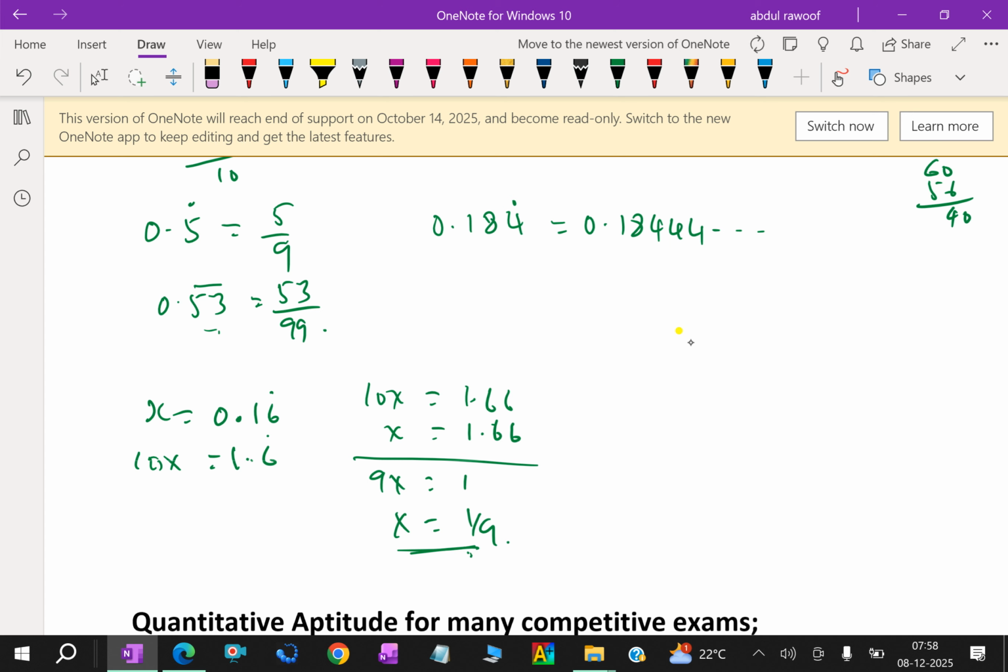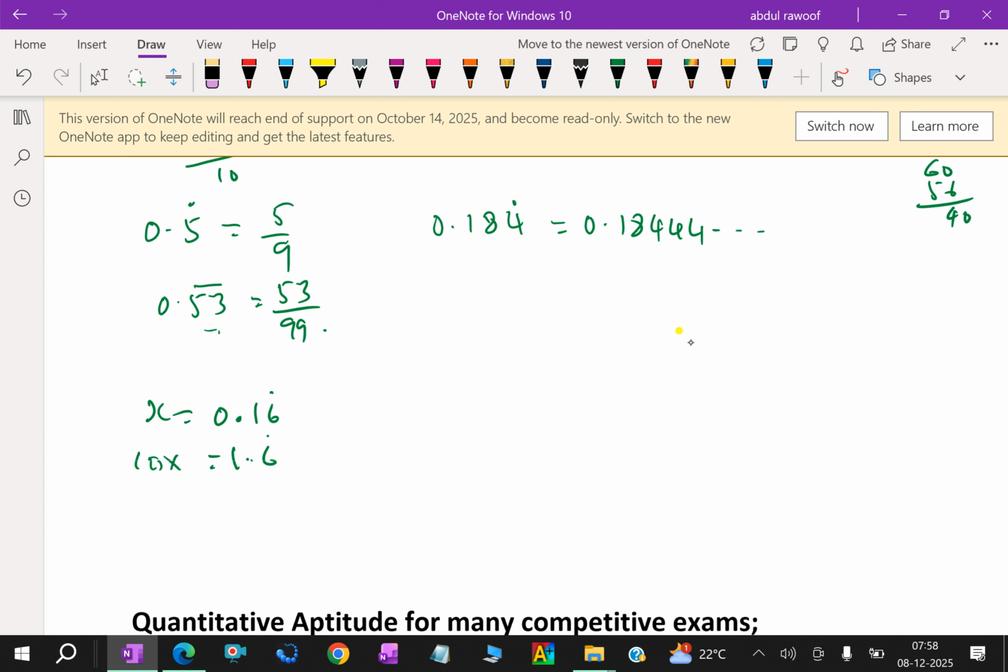Now this is 0.16, so there is a further mistake, sorry for repeating.